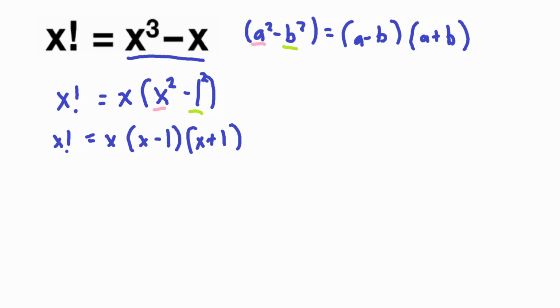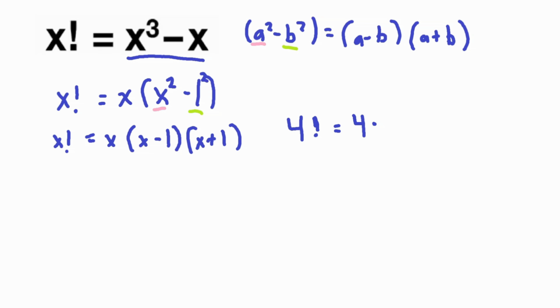Well, now let's take a look at the left side. So what do we have here? X factorial. So what does x factorial actually mean? This means that for whatever value, for example 4 factorial, this is going to be equal to the value in front times all the whole number integers that come between this number and 0, with 0 not included, of course.